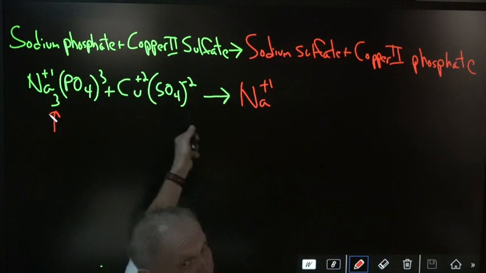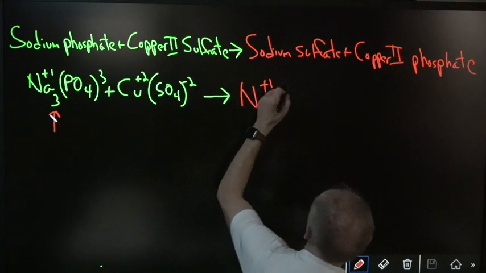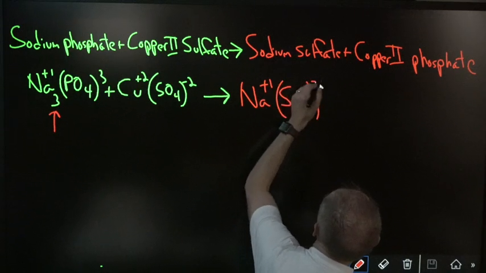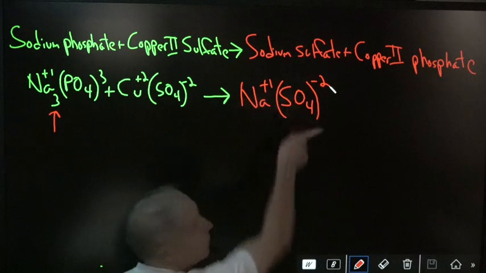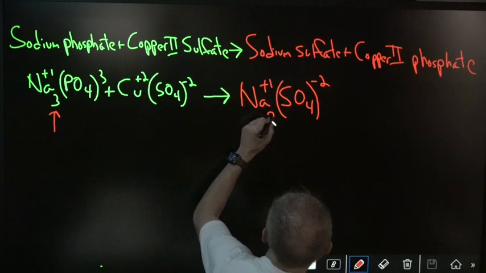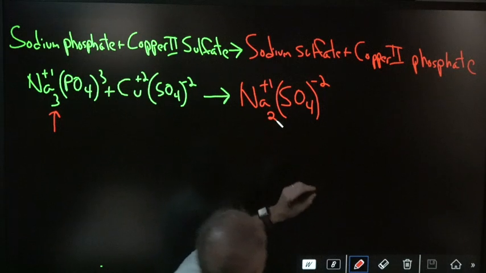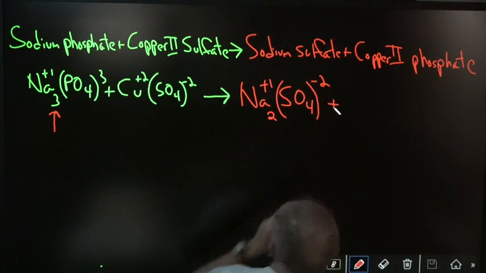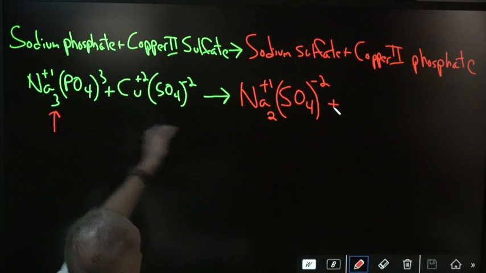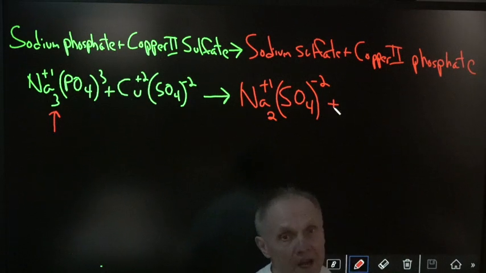Here's sulfate, SO4 minus 2. Now, that's a +1, that's a -2, you got to crisscross. So that's Na2SO4 plus copper Roman numeral 2 phosphate.